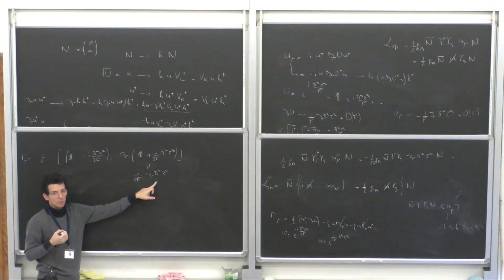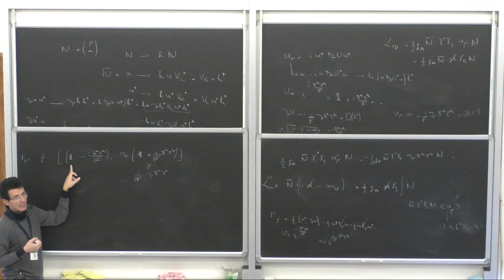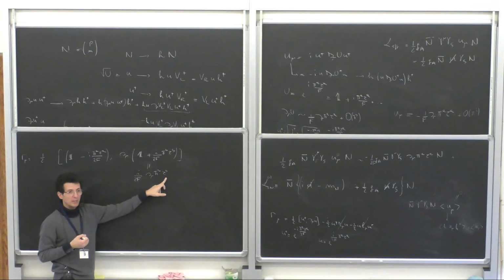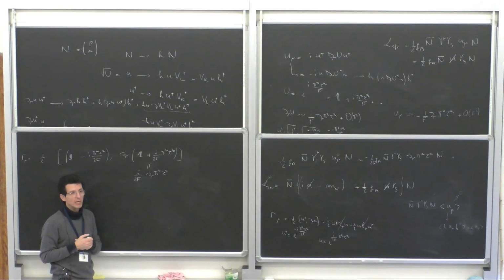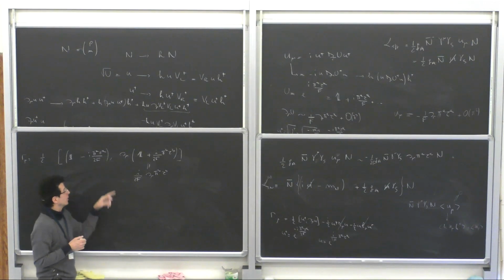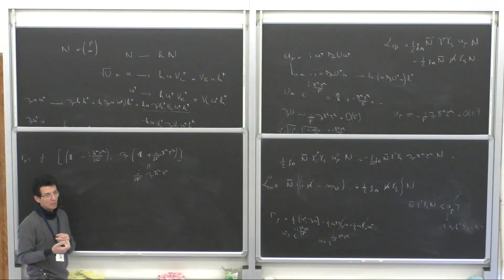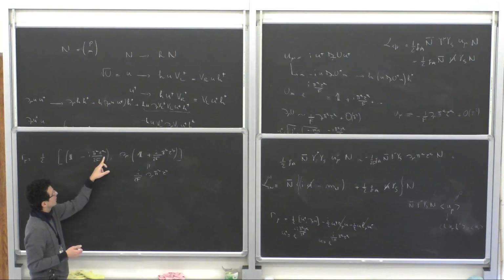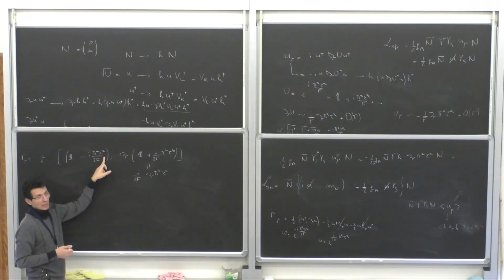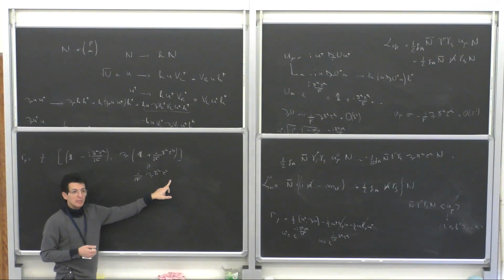But this is 0 because the commutator of the identity matrix with the tau matrix is 0. The identity matrix commutes with everything. So the linear term in the pions is 0. The first term is quadratic in the pions, from the commutator of this Pauli matrix tau A with this Pauli matrix tau B.